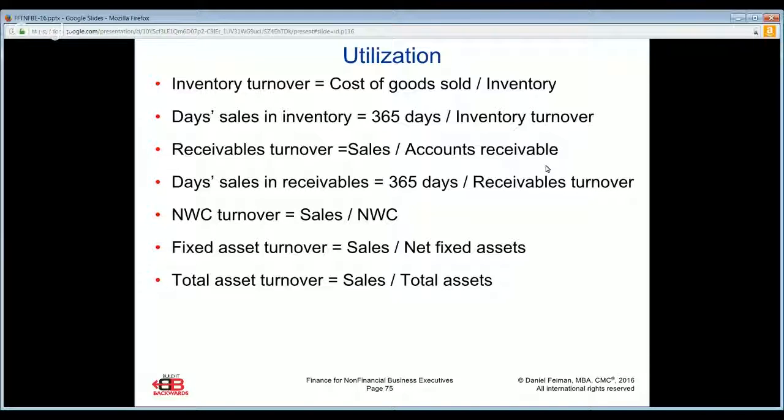So if an organization is not really investing in their own growth, they're not increasing or at least replacing their fixed assets over time, this denominator could be reducing, could be getting smaller. Even if the sales number is not getting larger, the indication is that the fixed asset turnover is improving when in fact it is not.